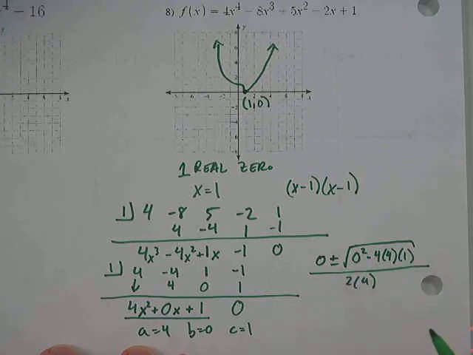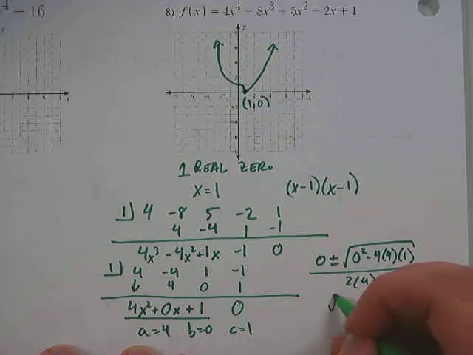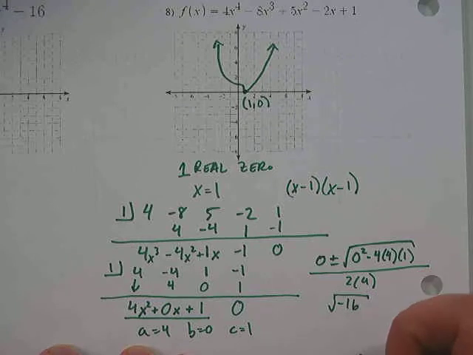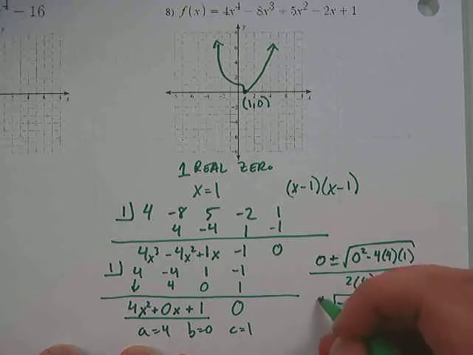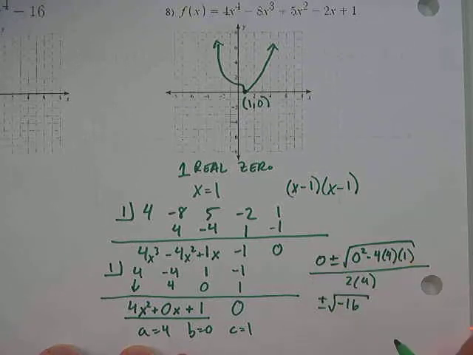The thing under the square root here is -16. And then we don't really need to keep the 0 because adding or subtracting 0 doesn't really do anything. Doesn't change the value of the function or the equation, but we do need to keep the plus or minus because we still do have both of those. And then 2 times 4 is 8.